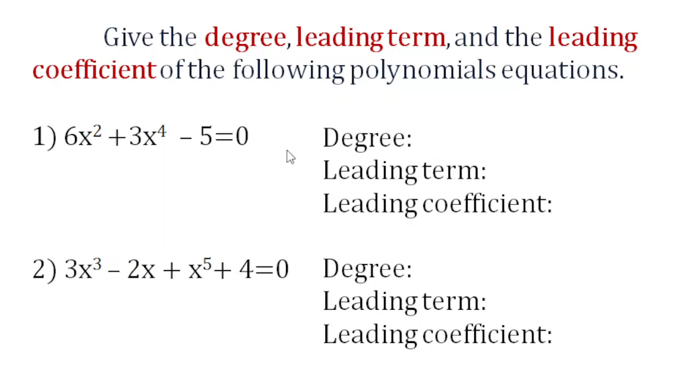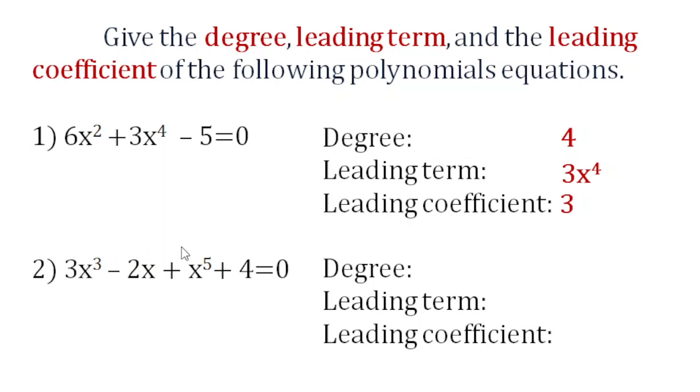What's the degree of polynomial number 1? It's 4. Degree means the highest exponent. How about leading term? That's the term that has the highest exponent, so that's 3x to the power of 4. How about leading coefficient? That's the coefficient of our leading term, so in this case it's 3.